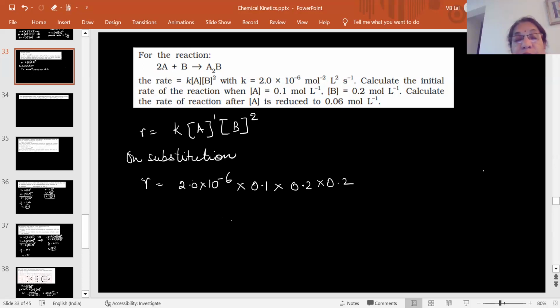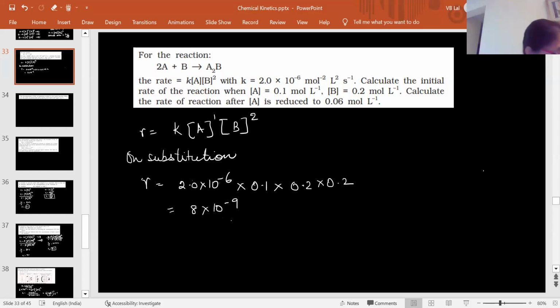So what will the rate be equal to? 2 into 2 into 2, so that is 8 into 10 raised to minus 9.